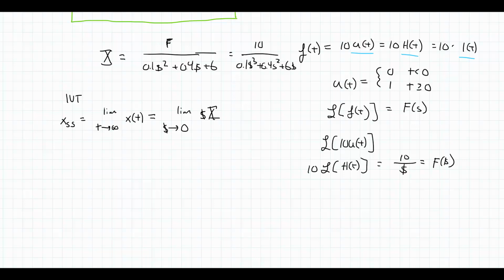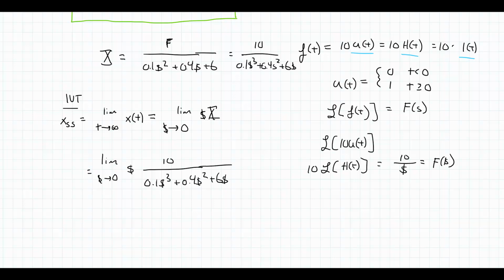All right, so now back to initial value theorem. A little bit of a side investigation there, but now I want to take the limit as s goes to 0 of s times x. Here's s. X I just defined above, so that's 0.1s cubed plus 0.4s squared plus 6s.